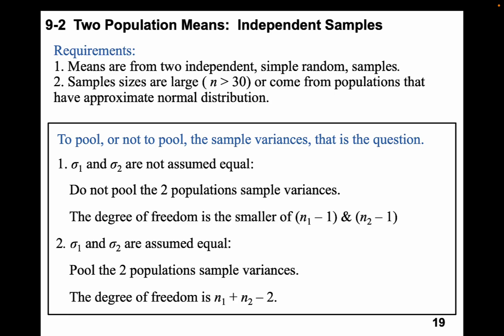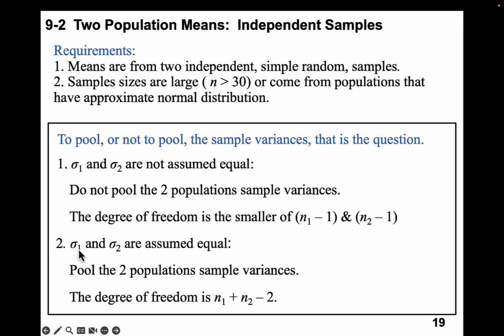In that situation, the degree of freedom is the smaller of the sample size for population 1 minus 1, and the sample size for population 2 minus 1. Okay, so not pooling right there. Here's the other option.